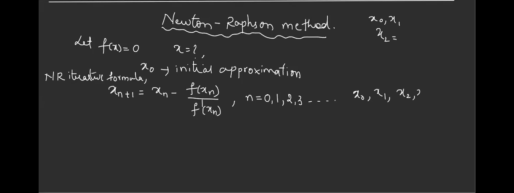Next is x2, next is x3, like this. So if you want to calculate x3, you take the help of x2. To calculate x2, we take the help of x1. Similarly, to calculate x1, we take the help of x0. So this is a repetitive type of process named the iterative method. Okay, understood about the word? Yes, this is the iterative formula.